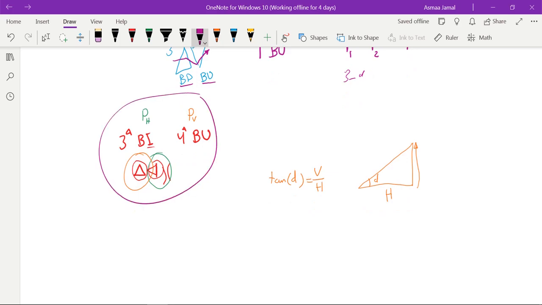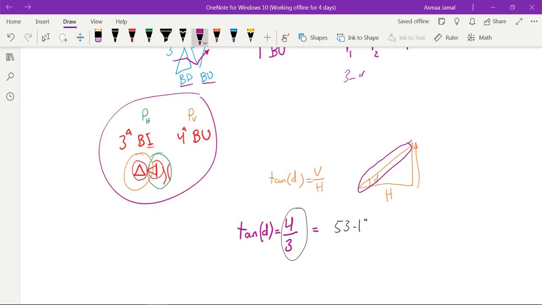So the same here, the tan of the angle that we want equals the vertical one here, which is 4, divided by the horizontal, which is 3. And the angle that has the result of this one is 53.1 degrees.